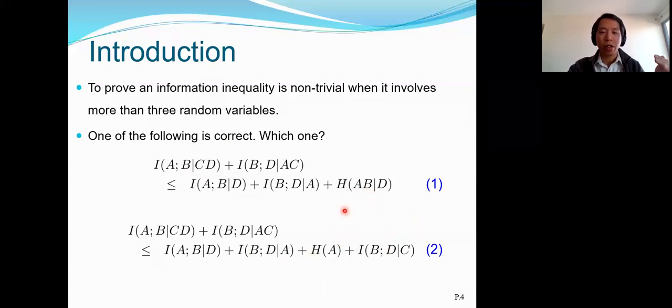So we may need to try a lot of inequalities when we model a system, or at least more than 1 or 2. And also maybe under different constraints, different assumptions. Then it becomes a very time-consuming job. And that's why it would be very nice if we can have a computer to help us to do this.